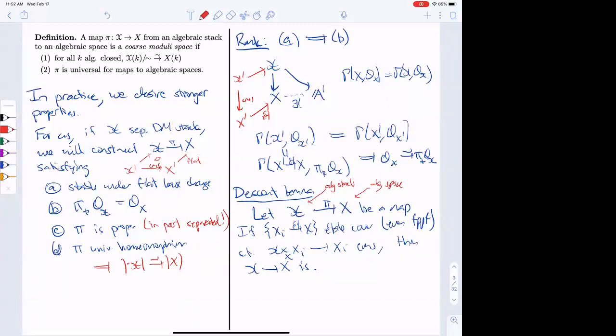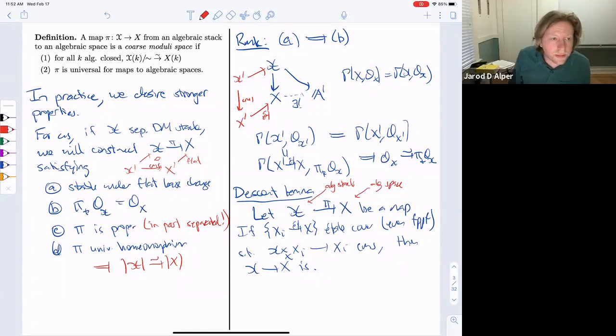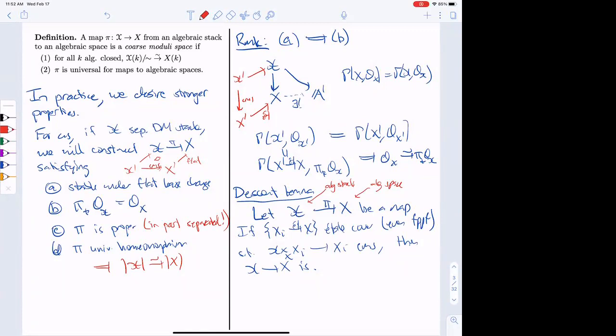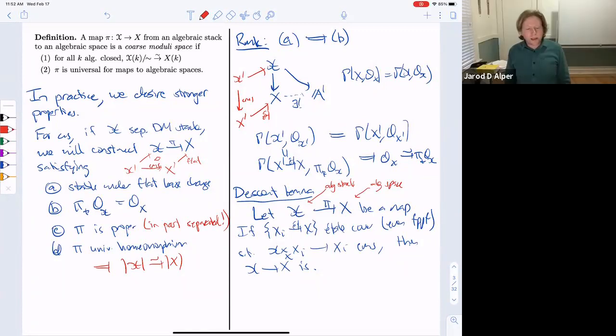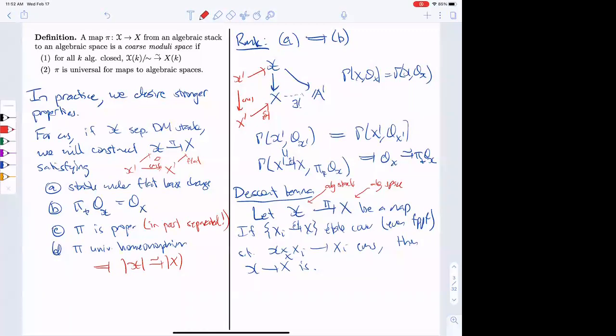So is M_g separated? Is what separated? M_g, the stack M_g. Oh, right, M_g is separated. This is a good point. Well, we actually have enough now to show that M_g is separated.